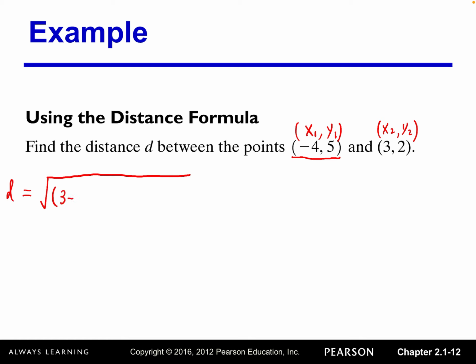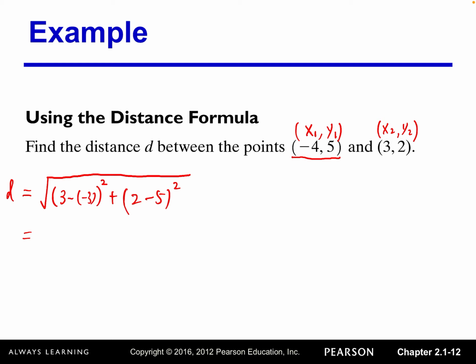Now, by the distance formula, the distance between the 2 points is the square root of the difference between the two x coordinates, 3 minus -4, squared, plus the difference between the 2 y coordinates, 2 minus 5, squared. Here, be careful with the minus negative.